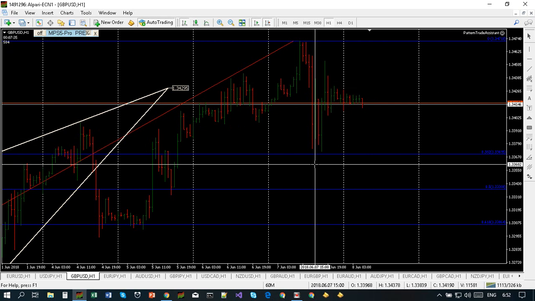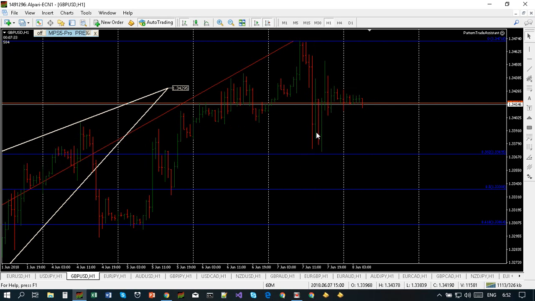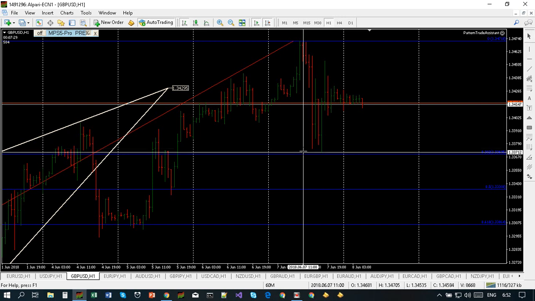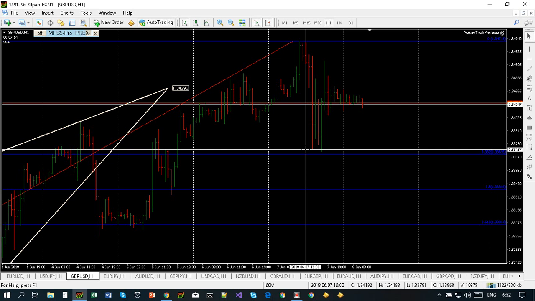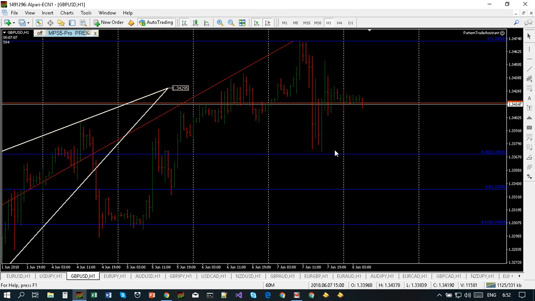So this inside bar was the first sign that price is not going to go lower below this low. This inside bar is the first warning sign. So simply taking action on the second bar, simply taking the low of that large bar, would be enough to close your trades.